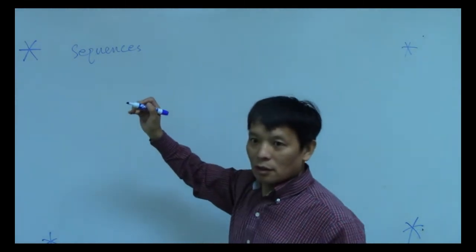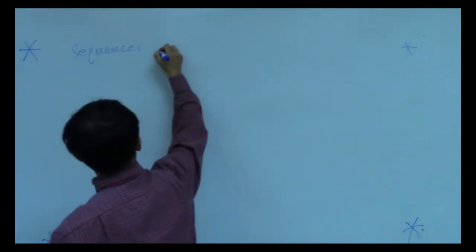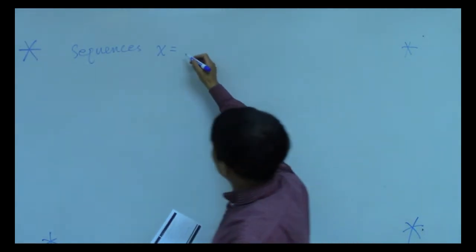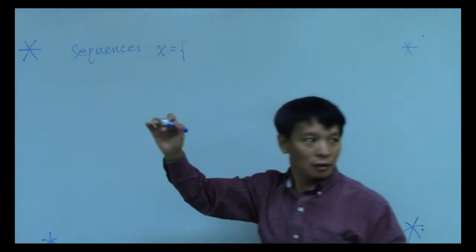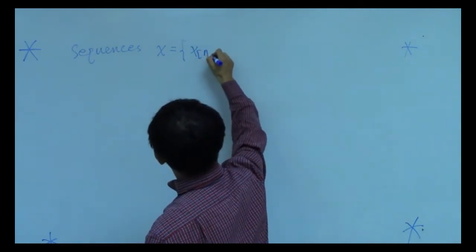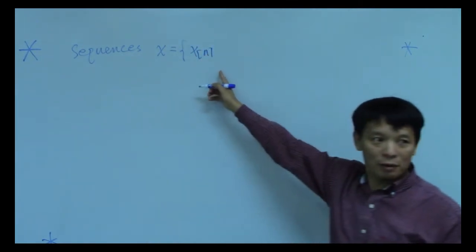The sequence is usually represented by x, and it is a collection of data. So it is represented by x square parenthesis n.